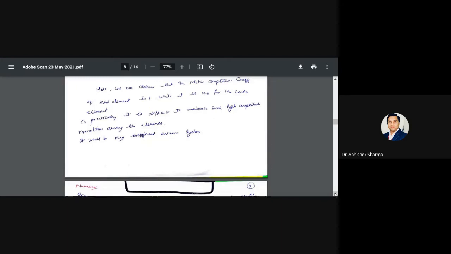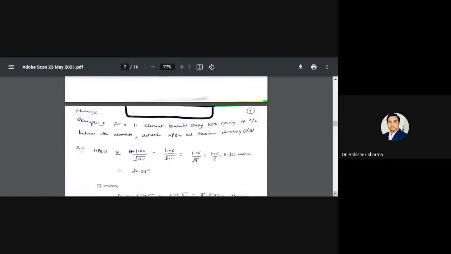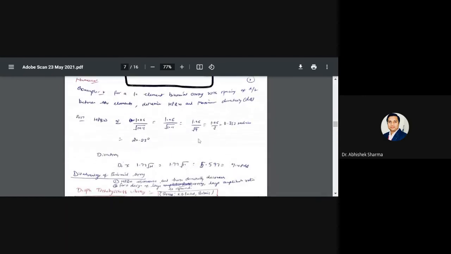Now if you want to calculate its half power beamwidth and directivity, then simply n is equal to 10, the total number of elements is 10. So half power beamwidth is 1.06 by 10 minus 1. It is 0.353 radians or 20.23 degrees. And similarly, we can calculate directivity, that is 7.48 dB.